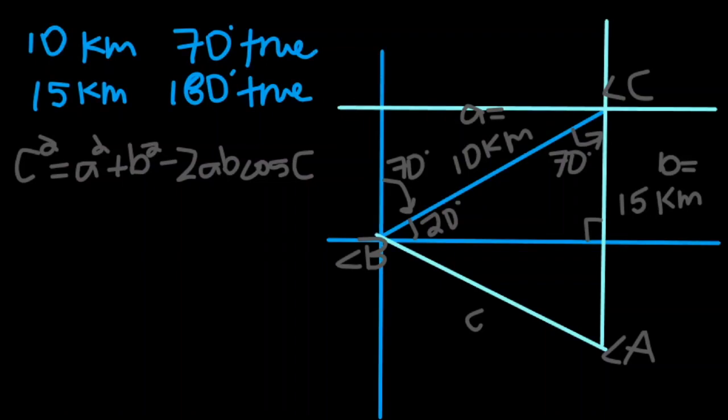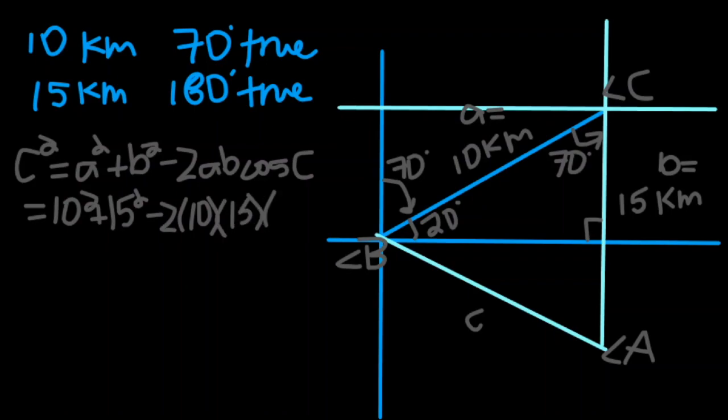So now all we have to do to find the length of side C is to plug in what we know into the law of cosines. So we have 10 squared plus 15 squared minus 2 times 10 times 15 times the cosine of 70 degrees.